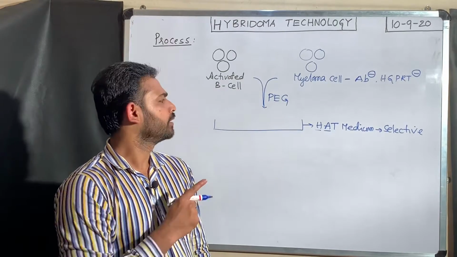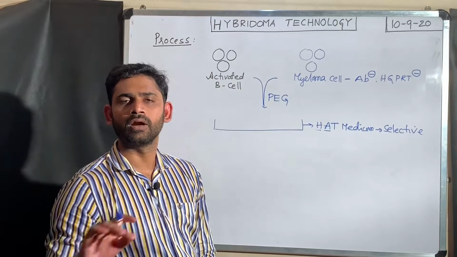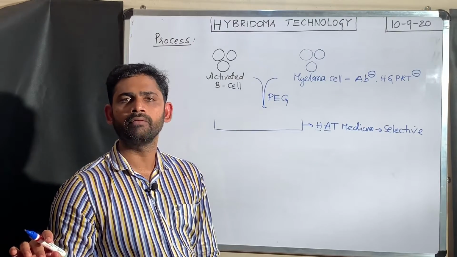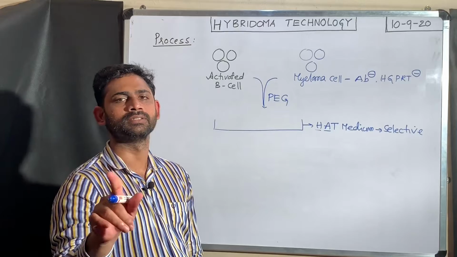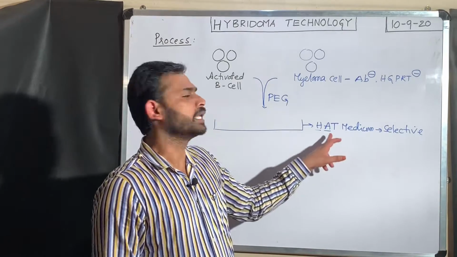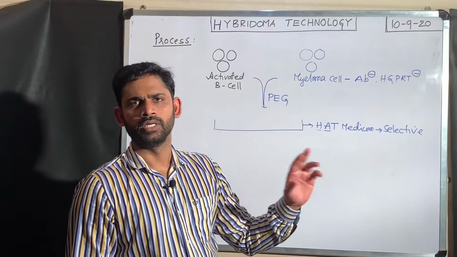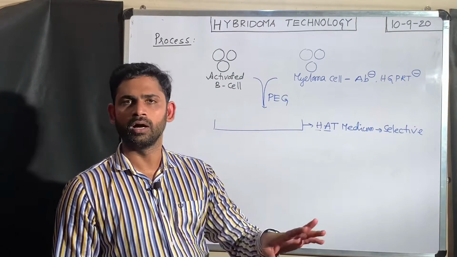That means if aminopterin is present, tetrahydrofolate is not available. When tetrahydrofolate is not available, there is no chance of the de novo pathway of nucleotide synthesis. In the presence of aminopterin as a selective agent, the de novo pathway will not occur.